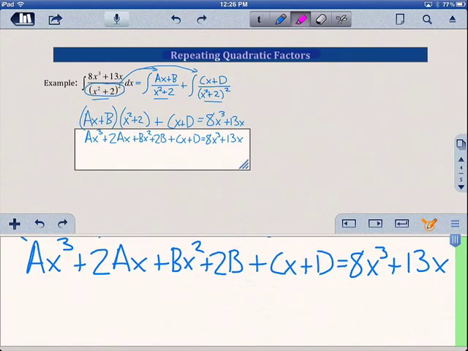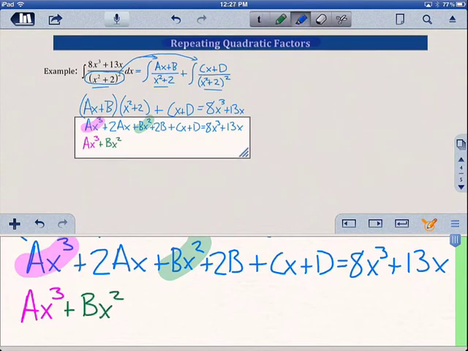So next we're going to group our like powers of x. We have the cube here. That looks like the only one. So we have ax cubed. And we'll go on to the squares. So here's an x squared. It looks like it's the only one. So plus bx squared. And then x we have here and here.